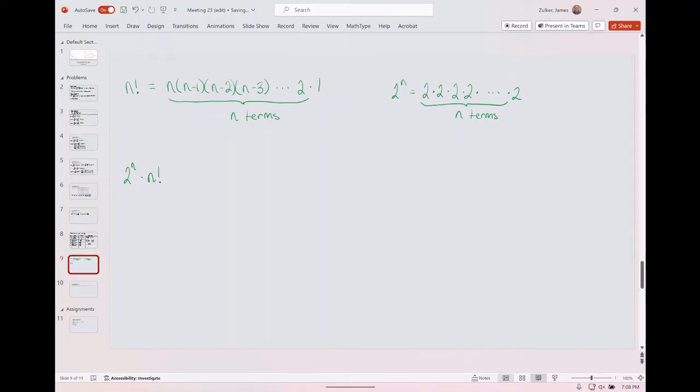Multiplication is commutative and associative, isn't it? Yes.